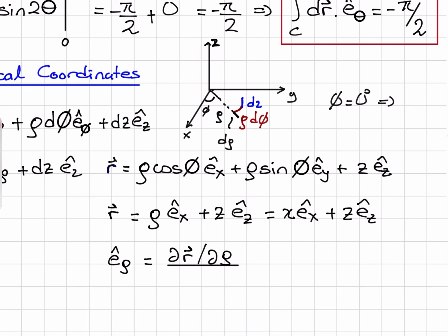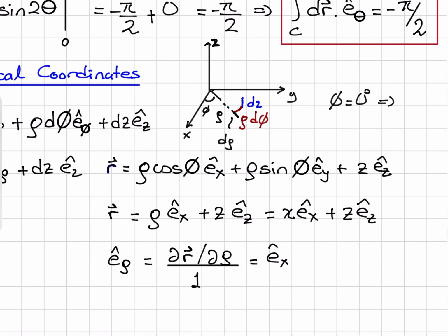First I have to take the derivative with respect to rho. I'm going to obtain, there's no rho here, ex hat. So the magnitude of ex hat is equal to 1. So this is divided by 1, and therefore this is just going to be equal to ex hat.